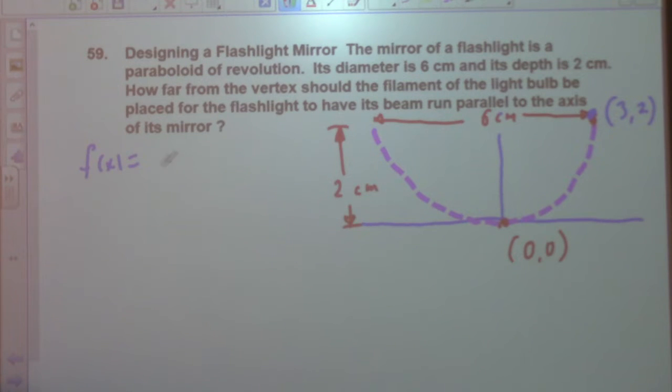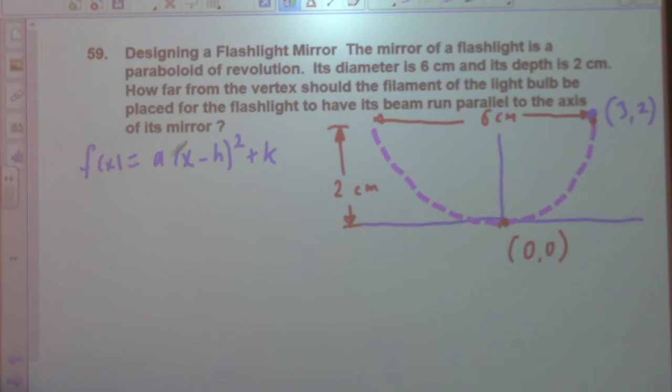So for f of x, you can make it in vertex form, which is a times x minus h squared plus k. That's our vertex form of our quadratic equation.